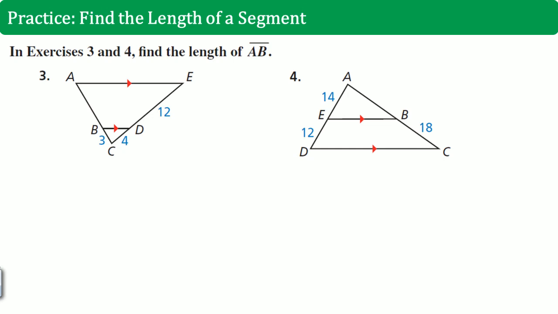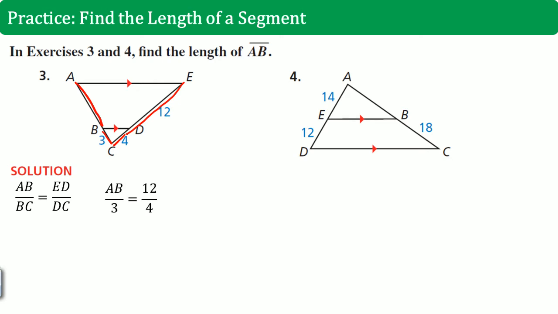So now I would like to give you a chance to do this. Pause the video and give 3 and 4 a try. All right, here are the solutions. So I set up AB divided by BC, then ED divided by DC.